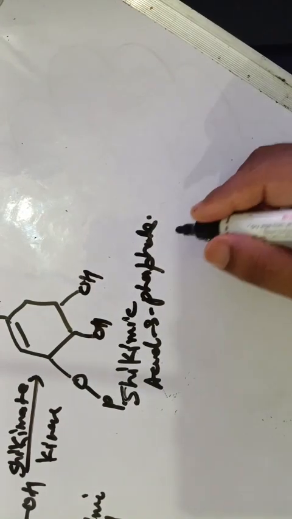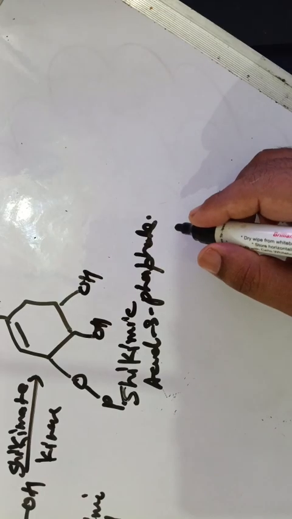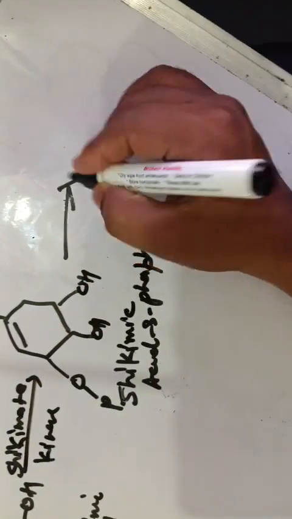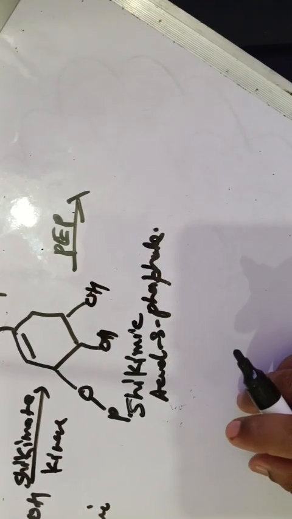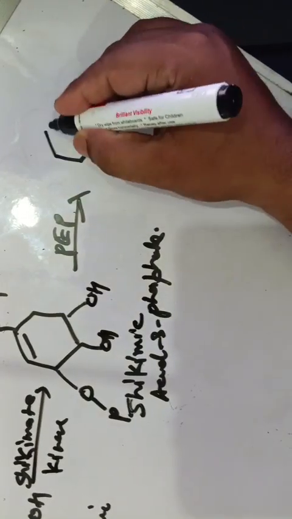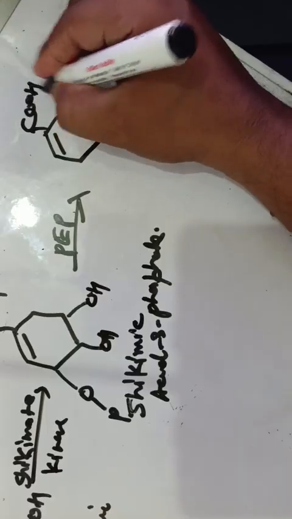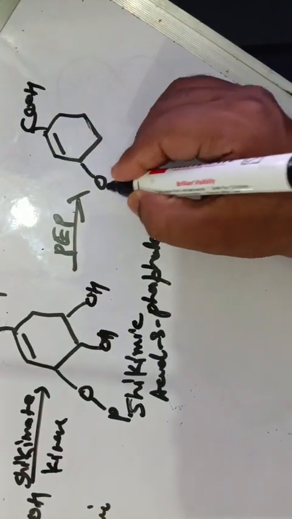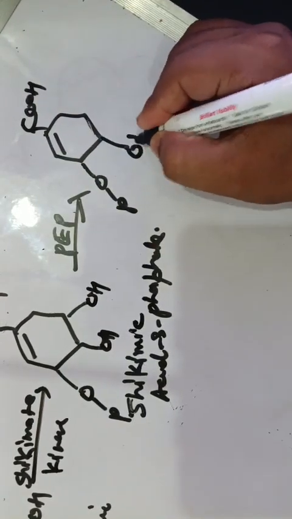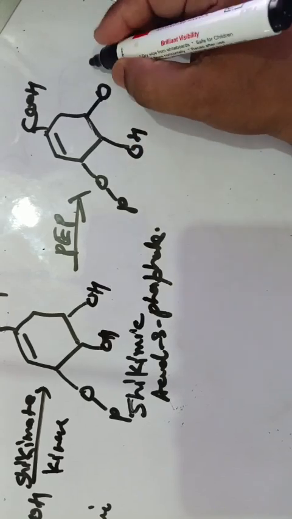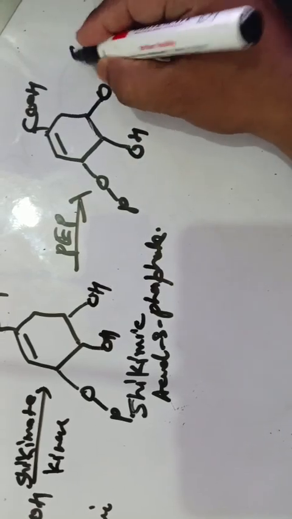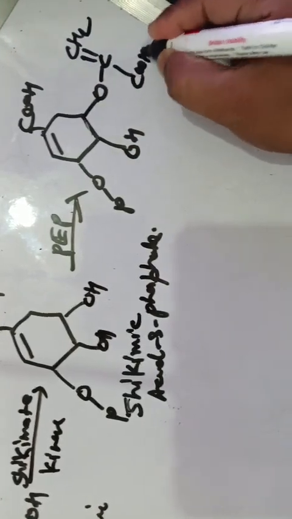Then what is happening? This shikimic acid 3-phosphate reacts with PEP, that is phosphoenol pyruvate. Then a new structure is formed, that is COOH, OH, O, P, OH, O C CH2 COOH.